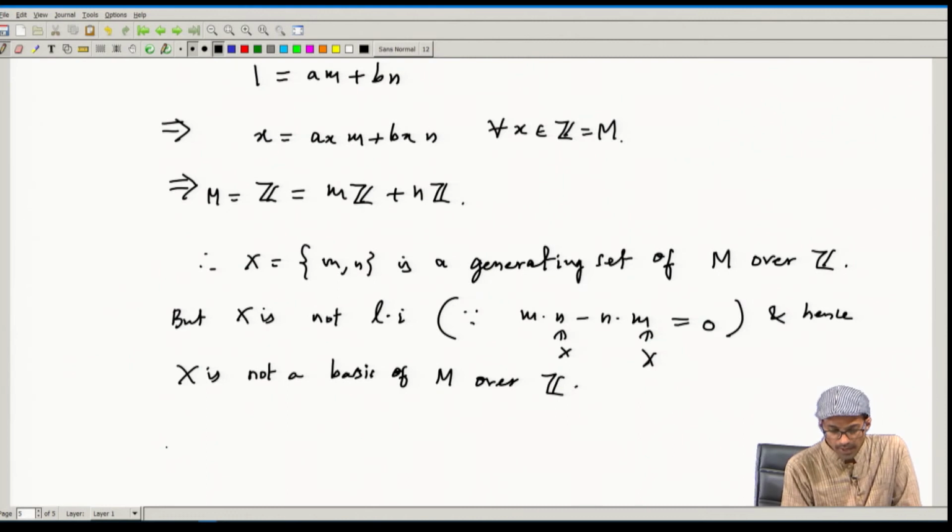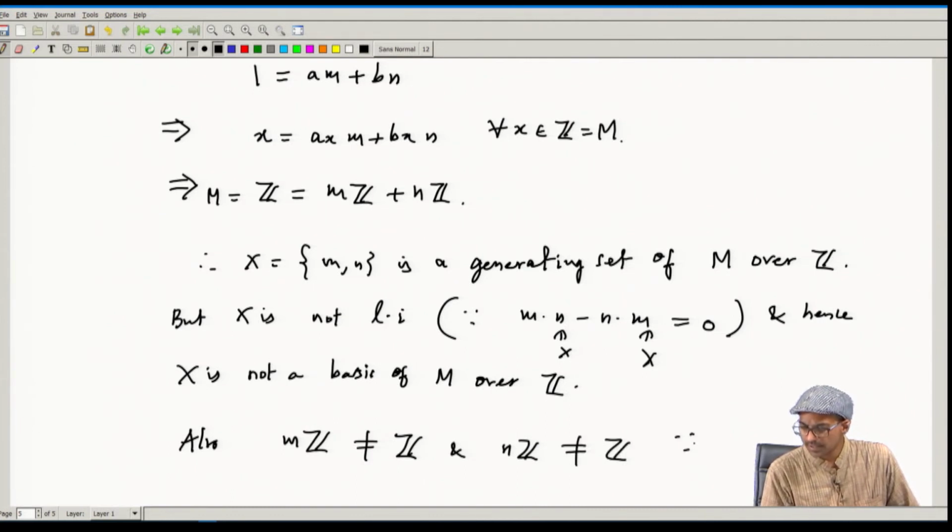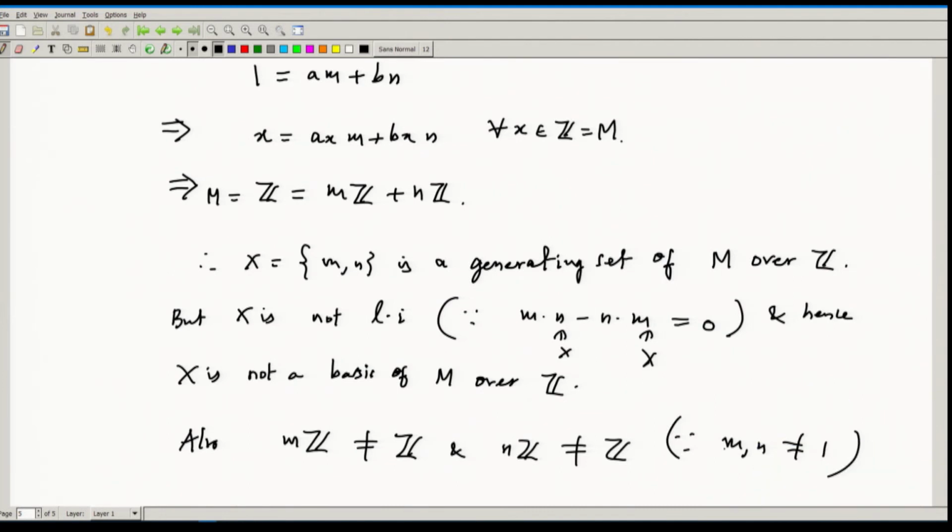Also, mZ is not equal to Z, and nZ is not equal to Z. Why? Because m and n are not equal to 1, since they are non-units.